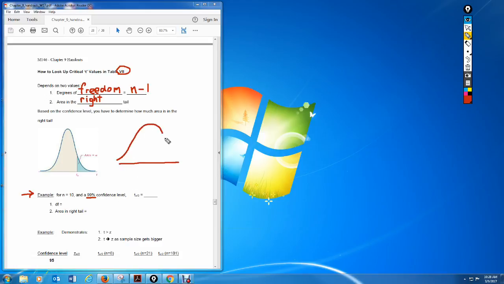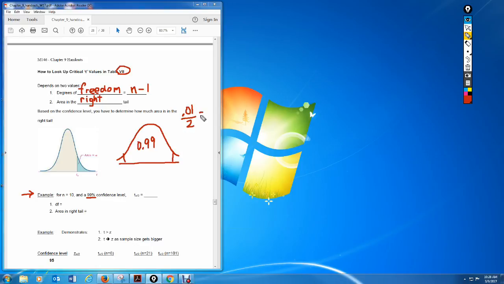We already know a 99% confidence level means that we are partitioning off 99% of the area in the middle, which leaves us with 1% left over, but that has to be divided equally by the two tails.